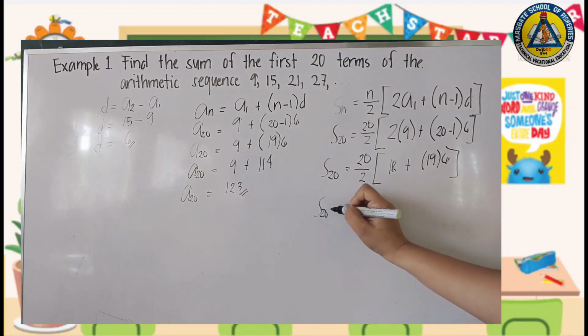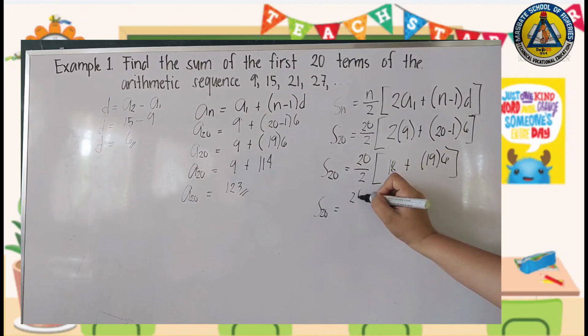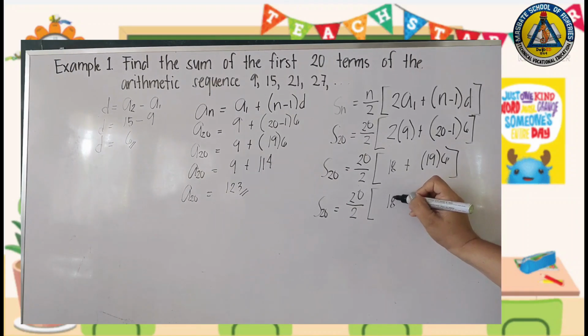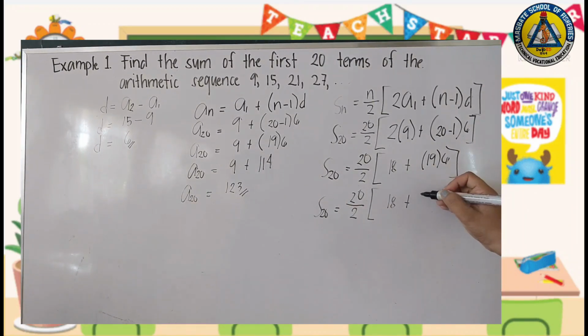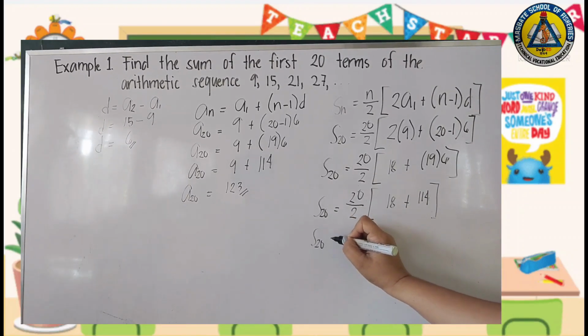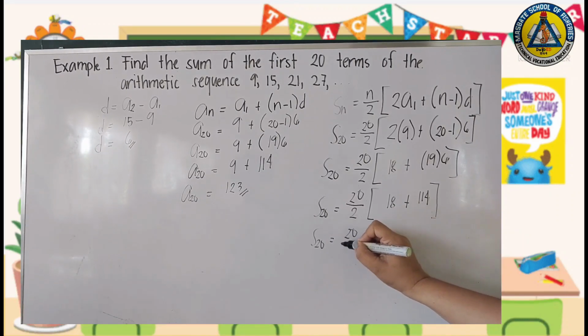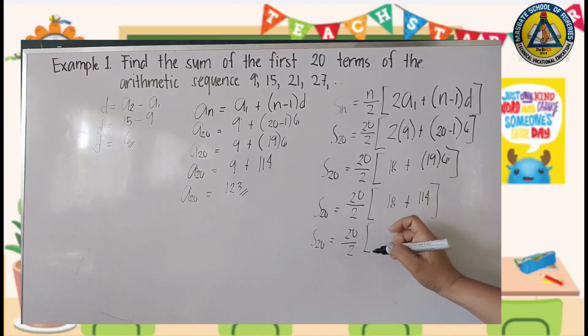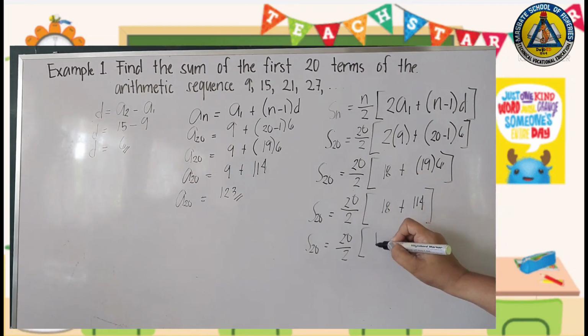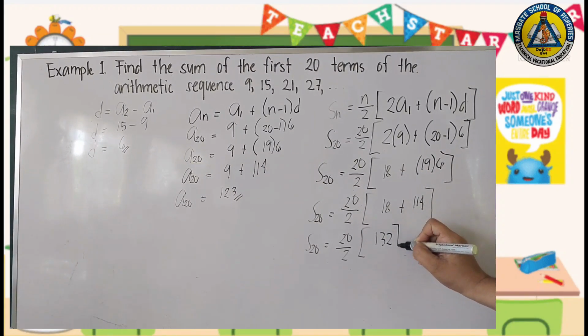S sub 20 is equal to 20 over 2 times 18 plus 19 times 6, which is 114. S sub 20 is equal to 20 over 2 times 18 plus 114, which is 132.